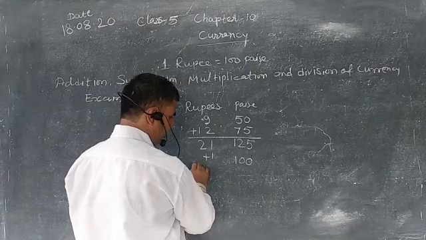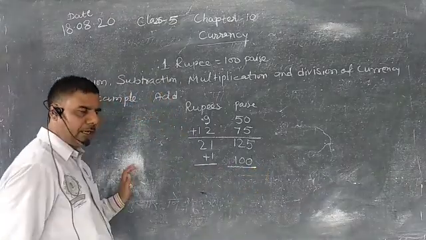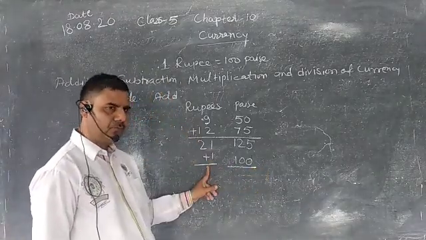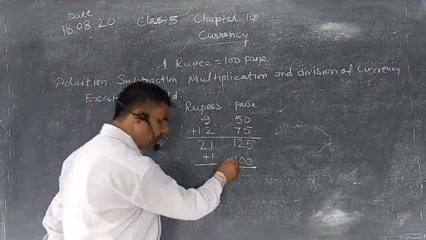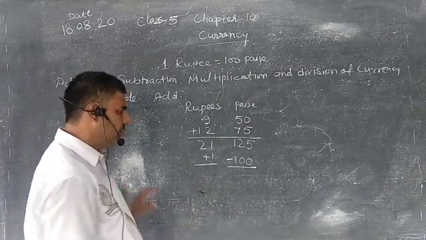So add 1 in the rupees column, and 1 rupee equals 100 paise, so subtract 100 paise in the paise column.